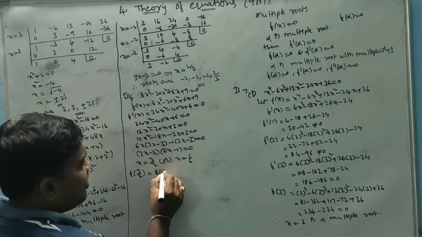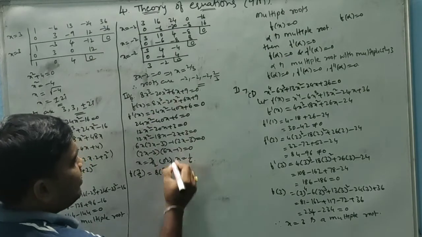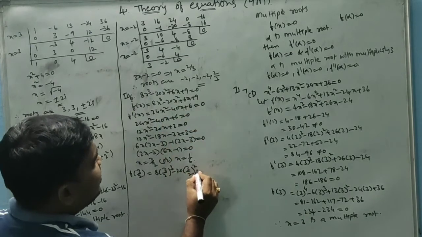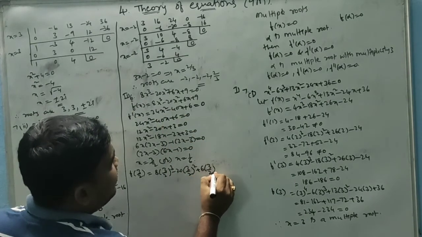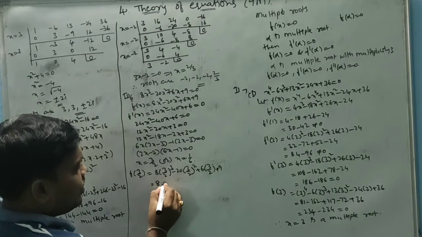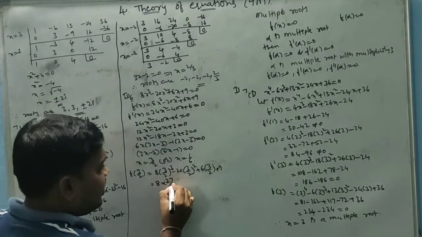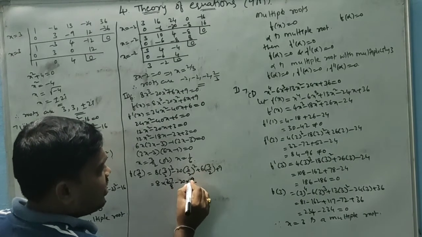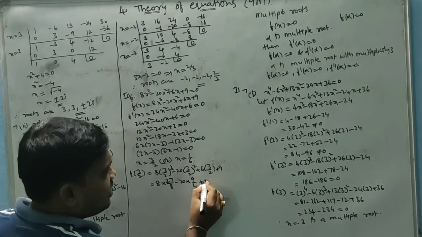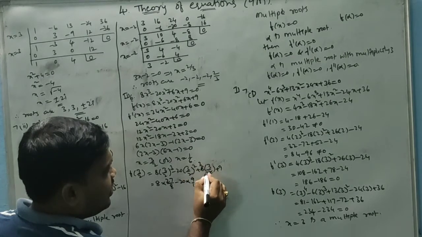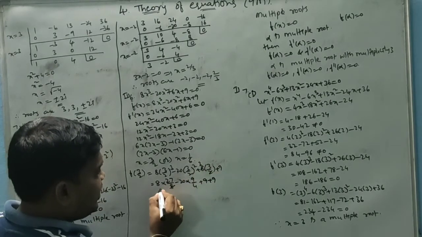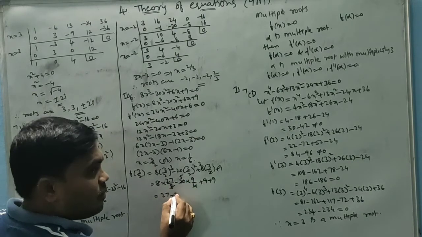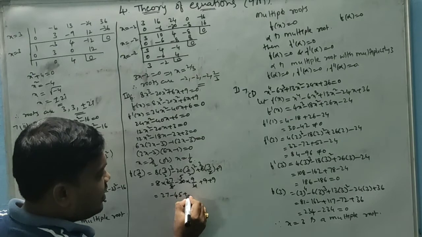So 8(3/2)³ − 20(3/2)² + 6(3/2) + 9. 8 into 27/8, minus 20 into 9/4, plus 2 into 3/2... 8 cancels, 4 into 5, 27 minus 45, 9 plus 9 is 18.